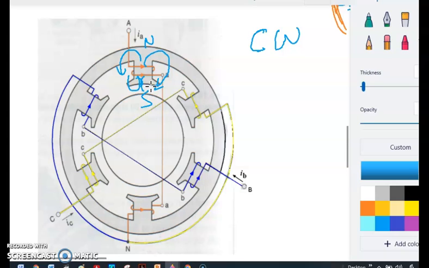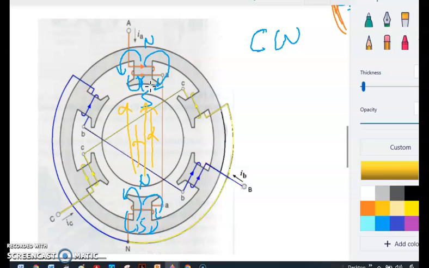So here will be your north, here will be your south, because the flux will travel upwards like this and go out here, in here. But when you interlink both fluxes, the flux will travel upward like this, and this is the arrow of your flux. It travels from north to south.